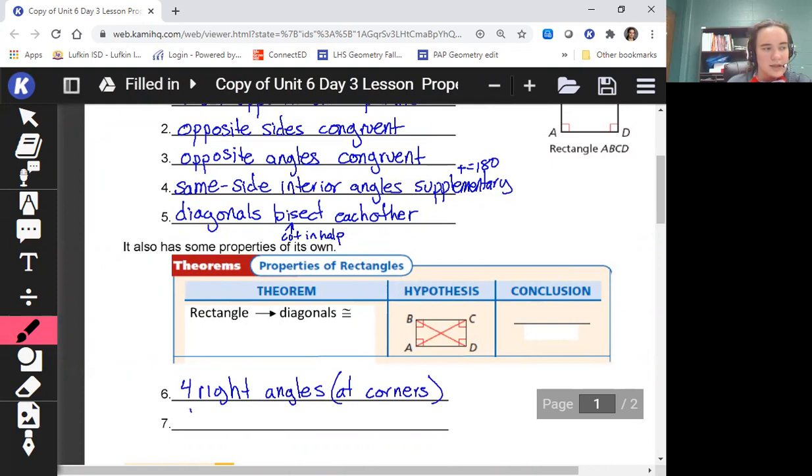And the other one is that our diagonals are congruent when we have a rectangle. So we have AC being congruent to BD because our diagonals are congruent.